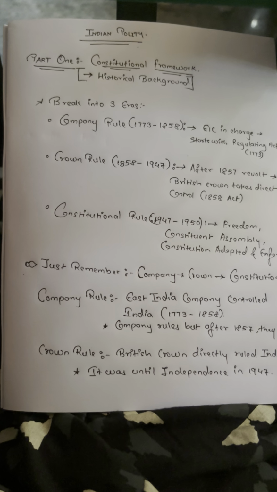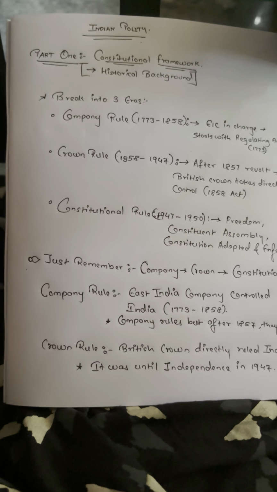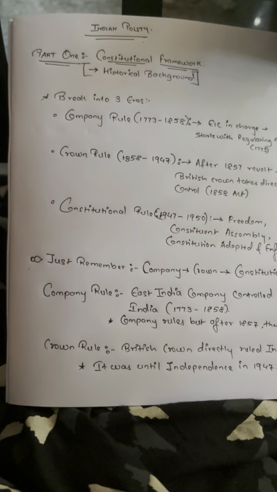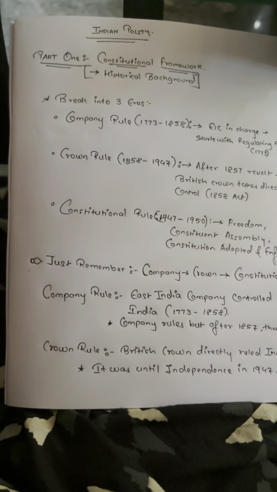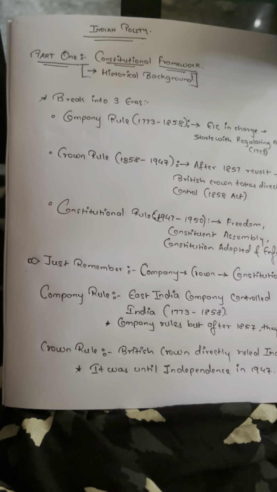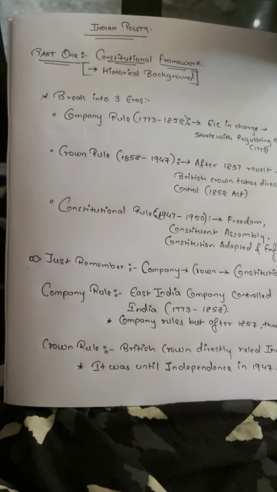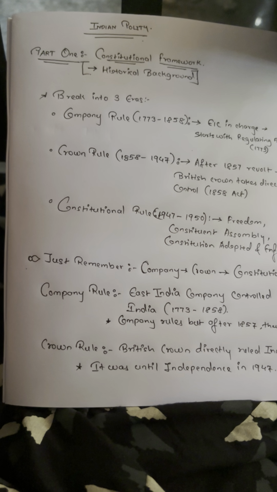Company rule is from 1773 to 1858. Who ruled here? The British East India Company. It started with the Regulating Act of 1773, by which for the first time the British Parliament tried to control company administration. And how was the system?